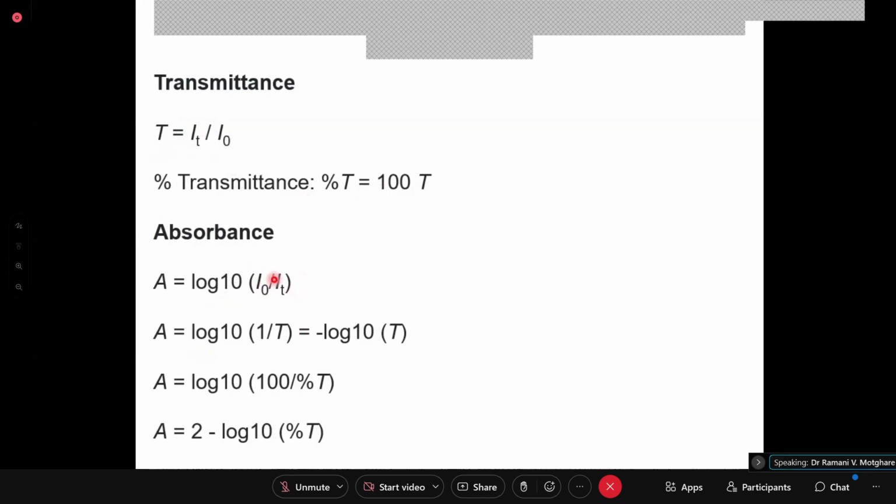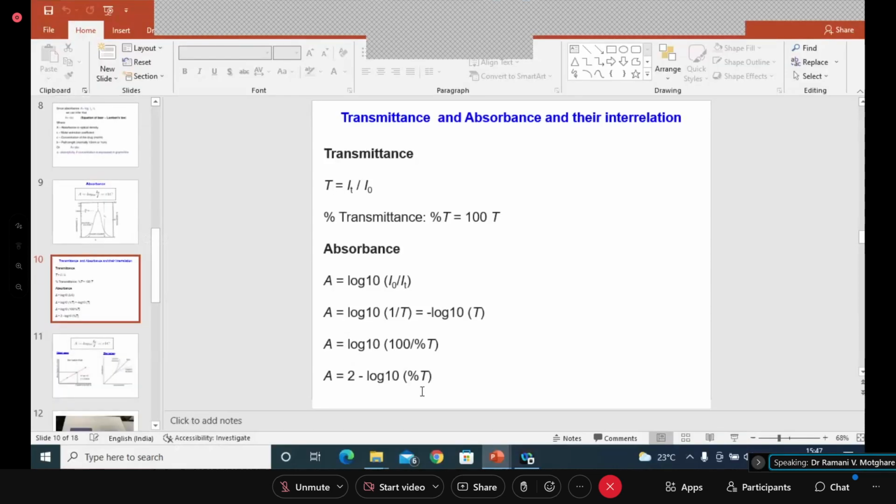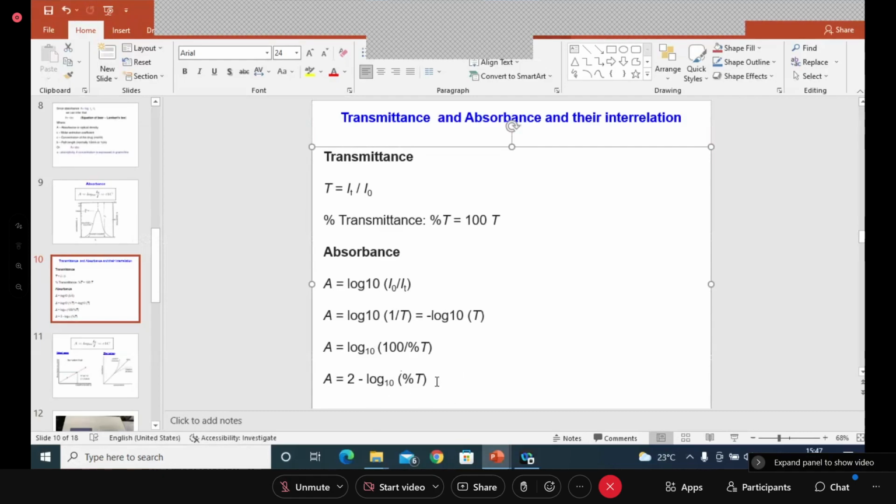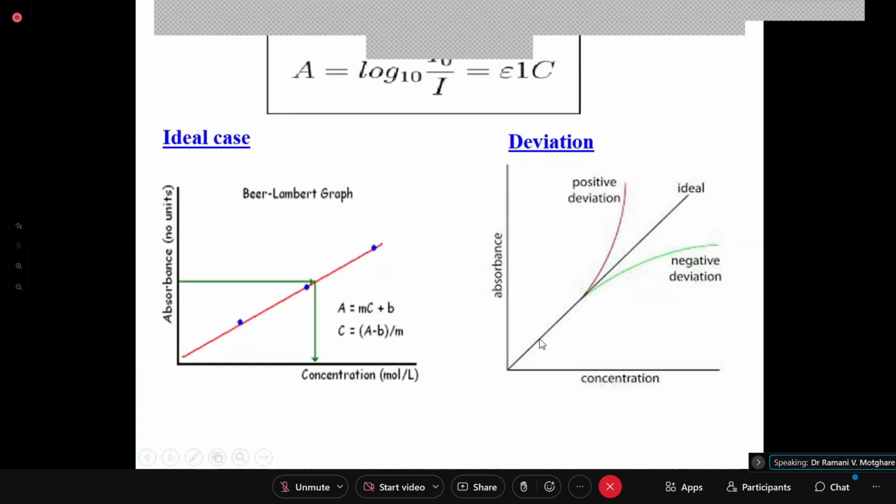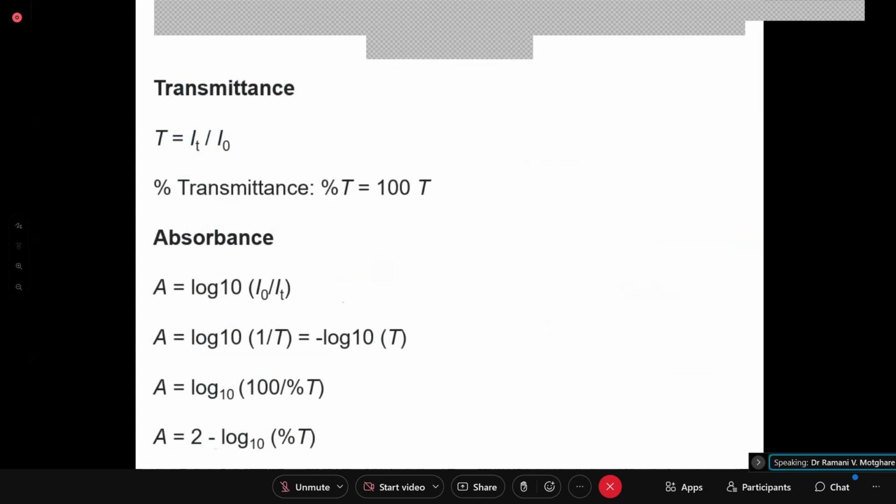This can be written as log to the base 10 1 by T, or minus log 10 T. Then absorbance can be written as log to the base 10 100 by percentage T, and log of 100 is 2, so absorbance is equal to 2 minus log T. If you don't have the absorbance values, then you can calculate from the transmittance scale.